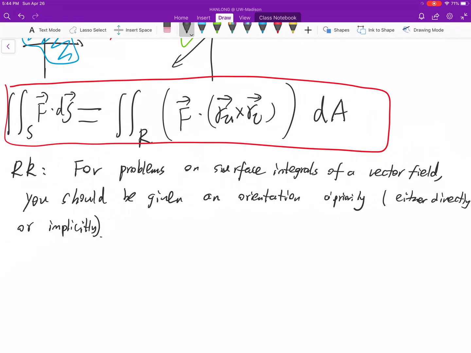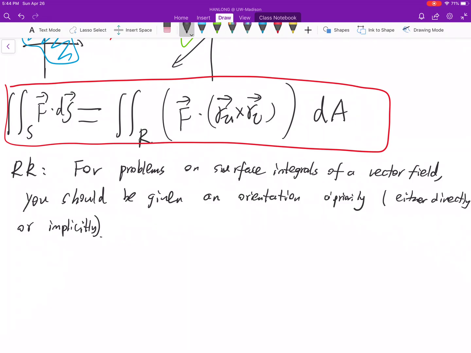So if you do some calculation, if the problem gives you an orientation, then you take it. If they don't, you state clearly which orientation you are considering. Because if you flip the orientation, you have a different answer, different by a sign. So that's a big difference.